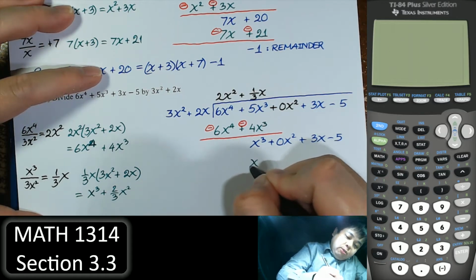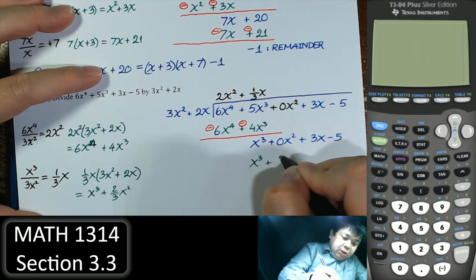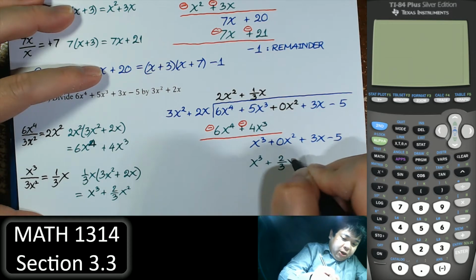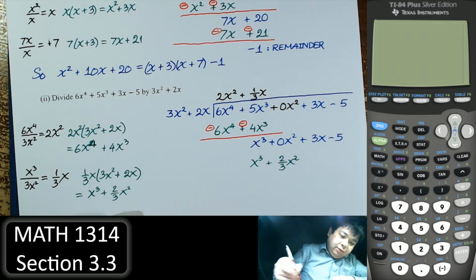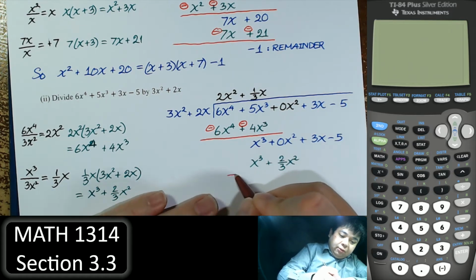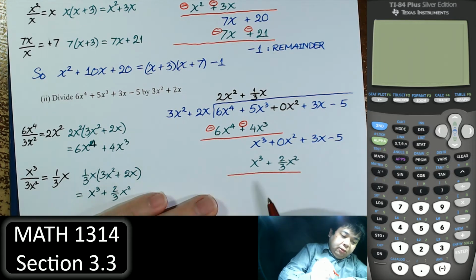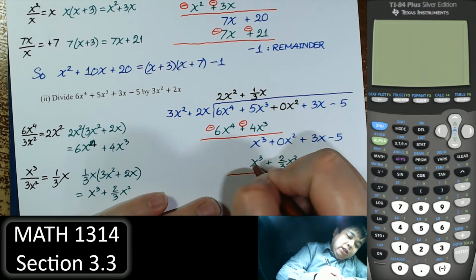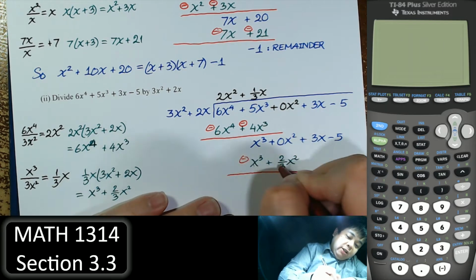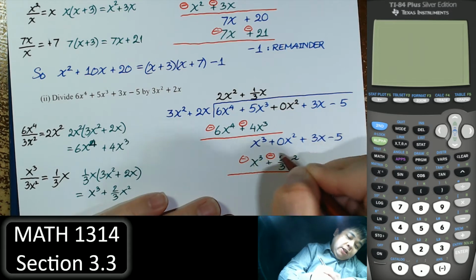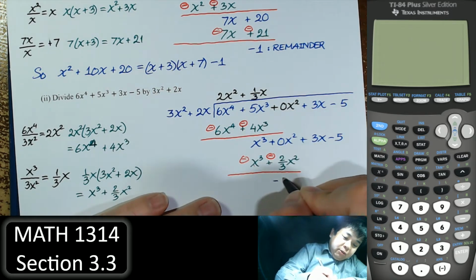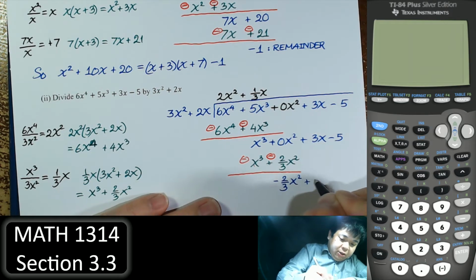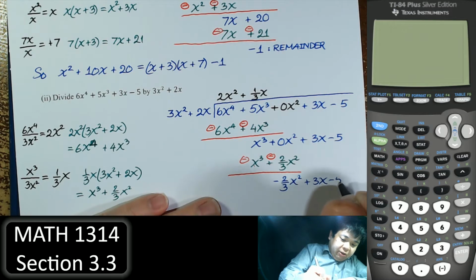X cubed plus 2 over 3x squared. And we subtract, changing the sign positive to negative. And then when we combine, that gives us negative 2 over 3 x squared plus 3x minus 5.